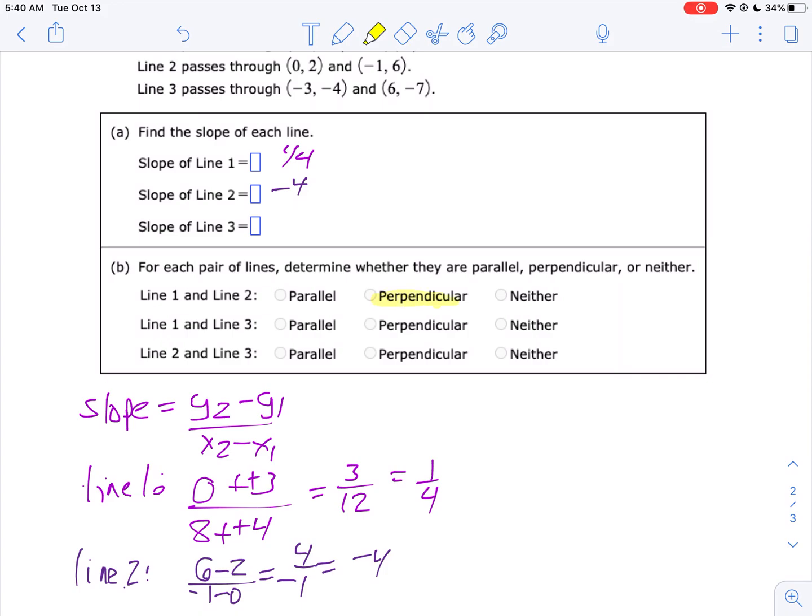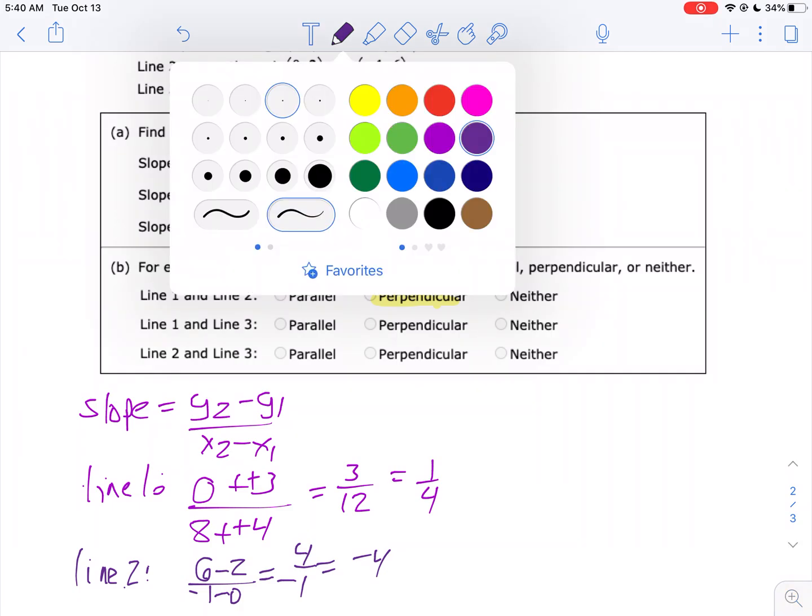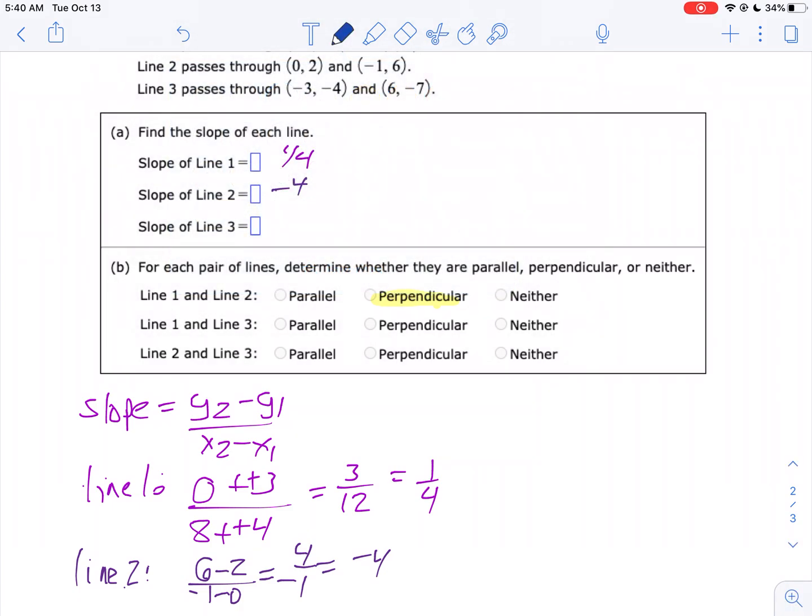Finally, let's do line 3. So line 3 is going to be negative 7 minus a negative 4 all over 6 minus a negative 3. Well, negative 7 minus negative 4 is negative 7 plus 4, which is negative 3.